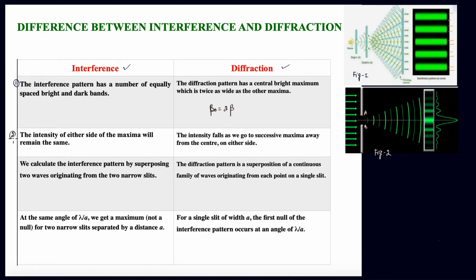The second point of difference is that the intensity on either side of the maxima will remain the same in interference. If you look carefully, all the bright bands, the green stripes you can see, are shining exactly equally.